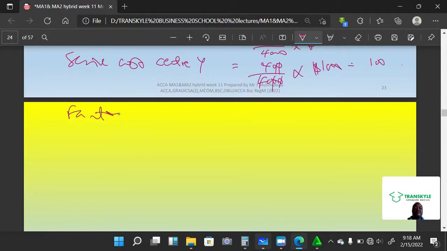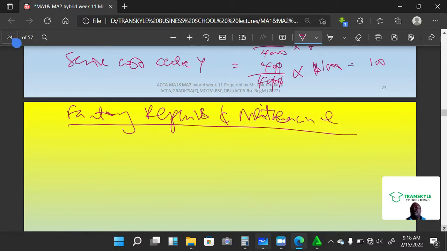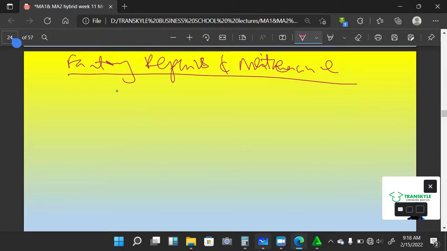Factory repairs and maintenance. It's very simple.